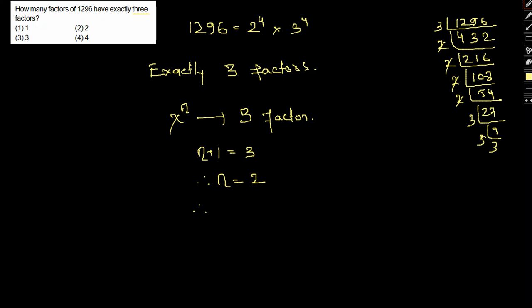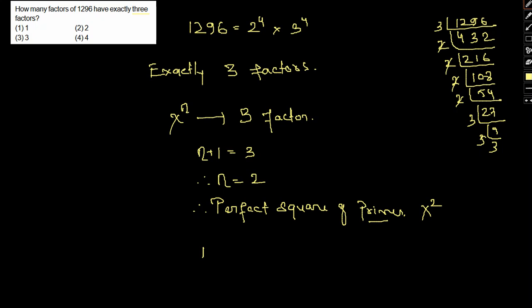So whichever number we need has to be the perfect square of a prime, that is, of the form x square. Why do I say prime?